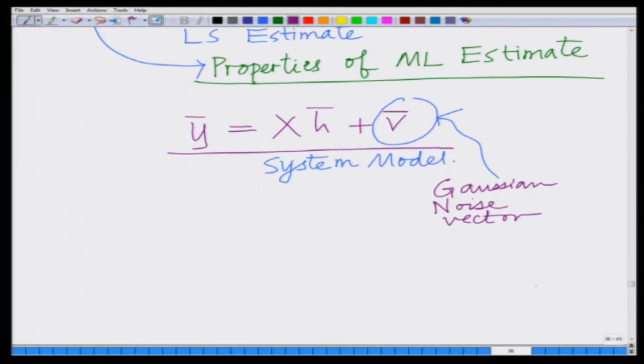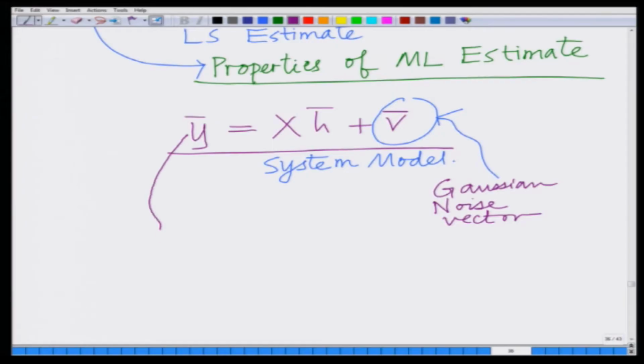Now, y bar, which is equal to X h bar plus v bar, is related in an affine fashion to v bar, that is, it is a linear transformation of v bar plus a constant shift, that is X h bar. Therefore, this is known as an affine transformation, right.